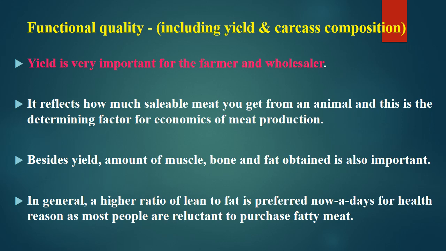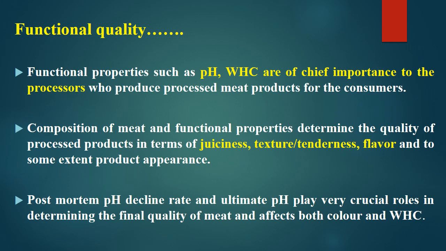In continuation about functional quality, the functional properties such as pH and water holding capacity are the most important to the processors who produce processed meat products for the consumers. The composition of meat as well as functional properties determine the quality of the processed product in terms of juiciness, texture or tenderness, and to some extent product appearance.